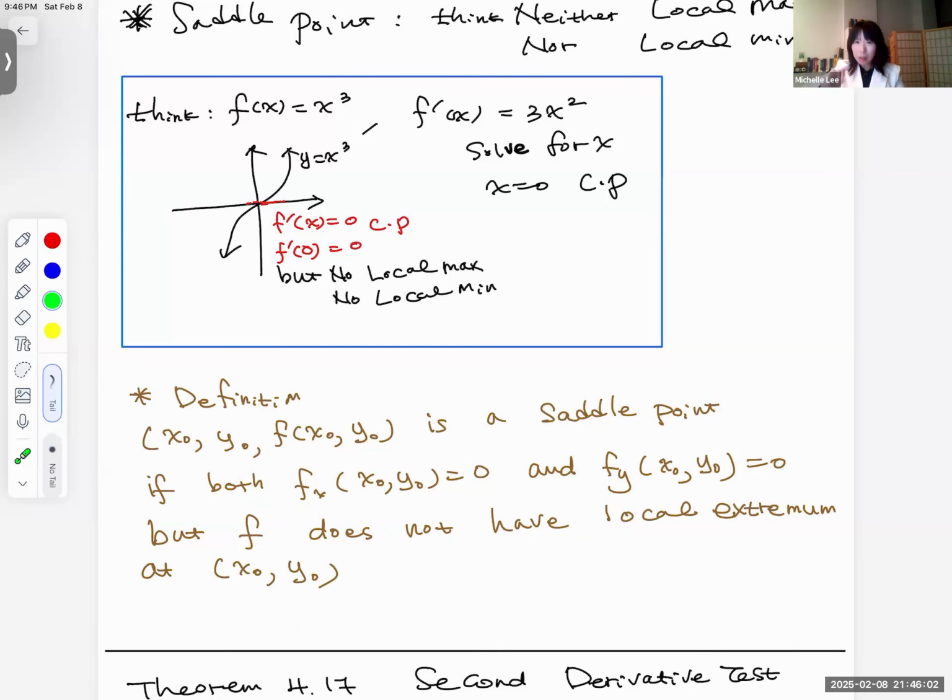If the derivatives exist, like critical points, right? In that case, it's the partial derivatives, right? But then the function does not have a local extremum at the point, which is a critical point, right? So this is the critical point.